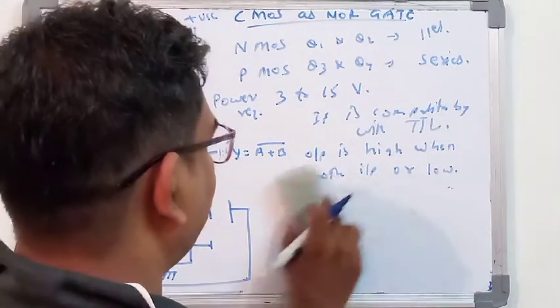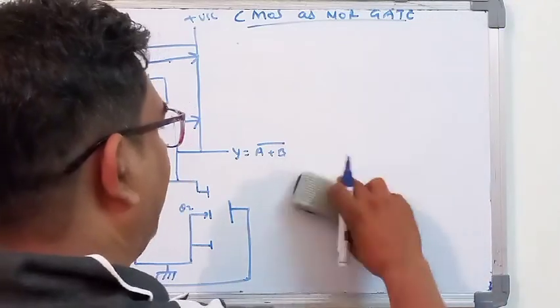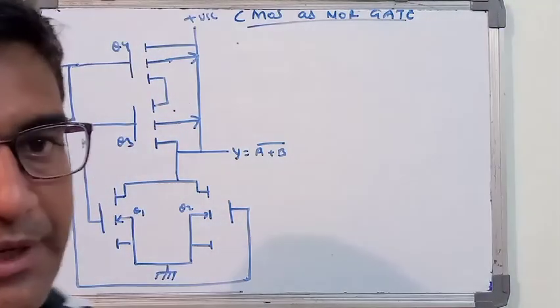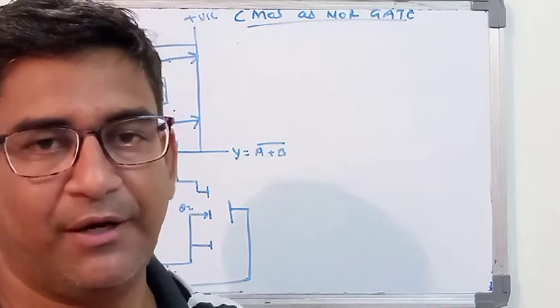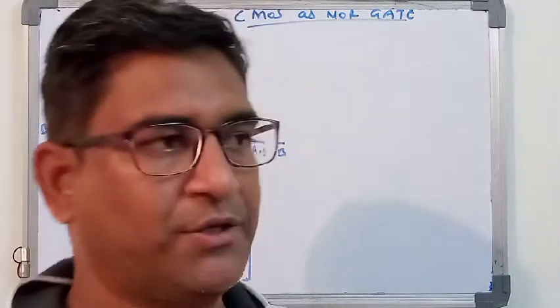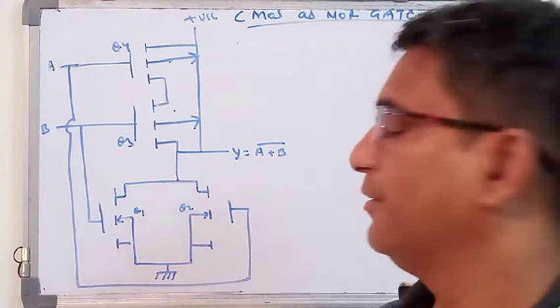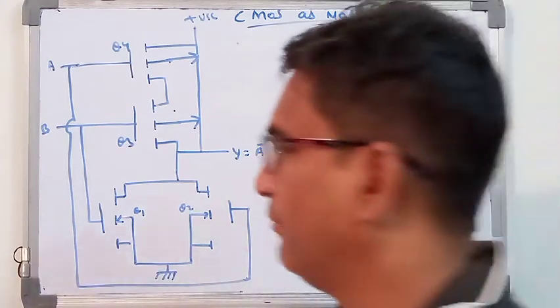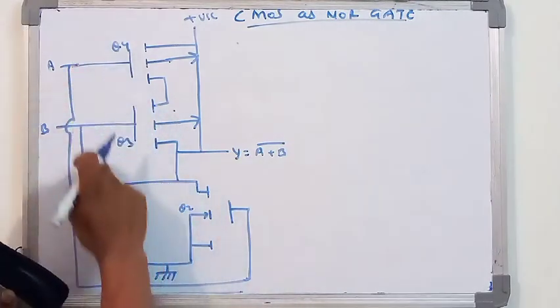For understanding this, again we have a table. From the table, it is very clear that you will be able to understand when each is on and when it is off, which transistor will be in the on condition and which in the off condition. So we will draw that table here. How many inputs are there? There are 2 inputs.